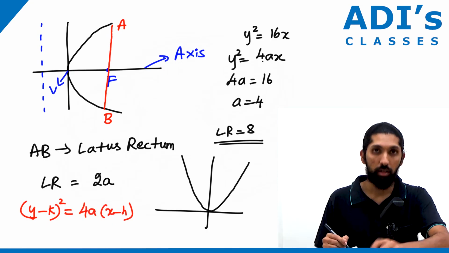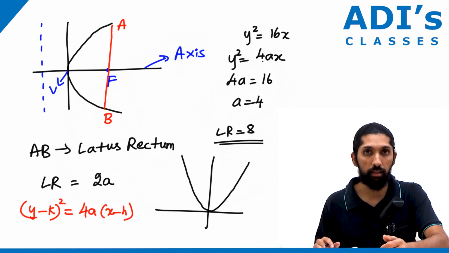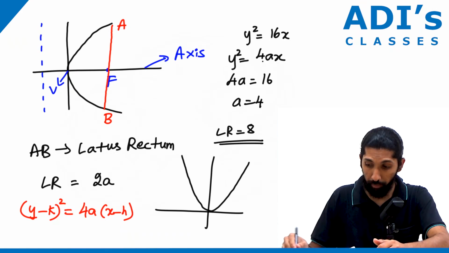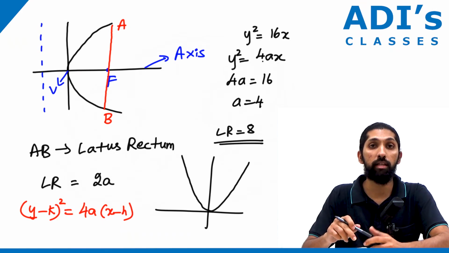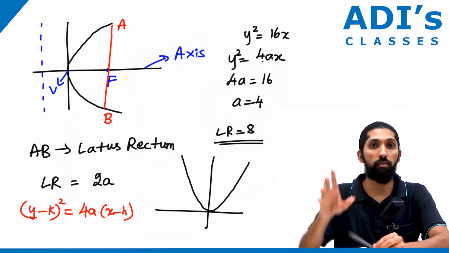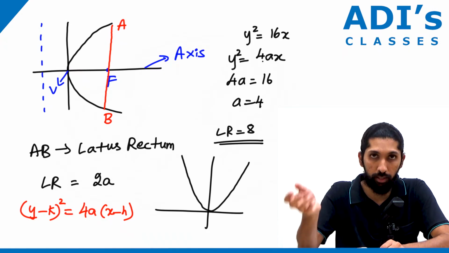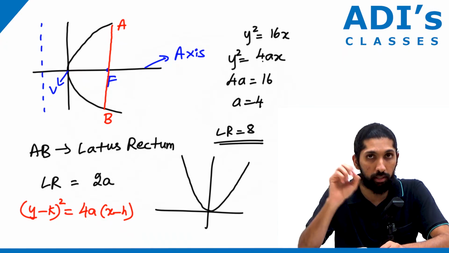Or the same thing, x minus h whole square is equal to 4a into y minus k. This is the equation of a parabola whose vertex is not the origin. Fair enough? These are certain observations we can make from the parabola. In the next video, we'll look into problems related to parabola.